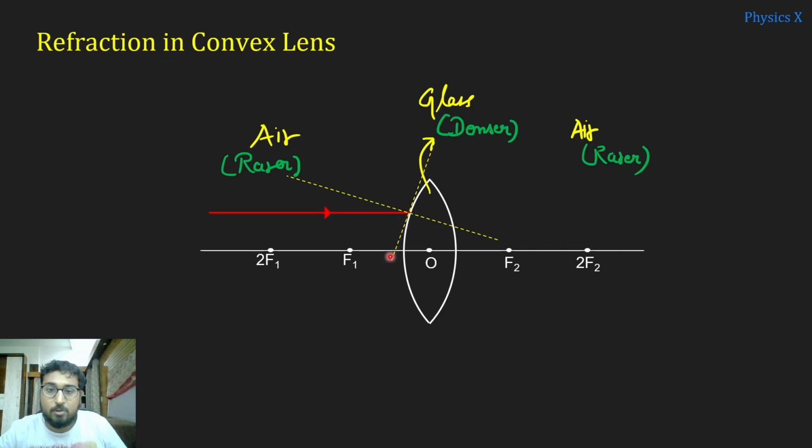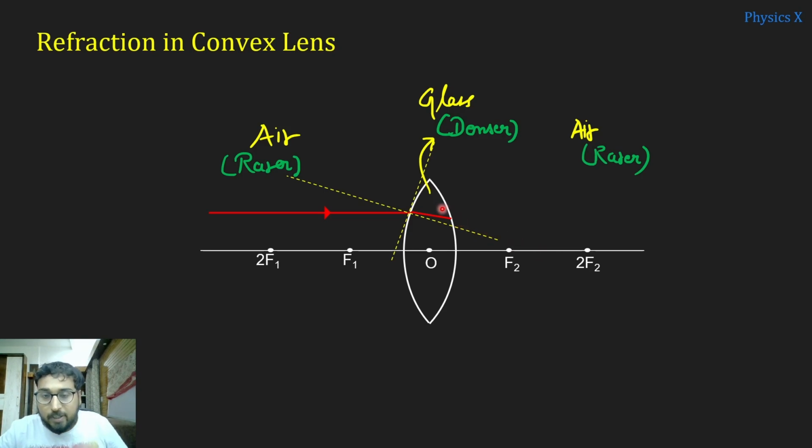Okay, if you draw a tangent, then this is your normal at this point. Now what will happen, according to what I told you in the last class, is that since this ray of light is coming from a rarer medium and going to a denser medium, it will bend towards the normal. So like this, you can see that it is inclined towards the normal, right?